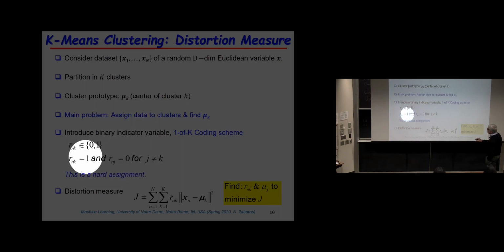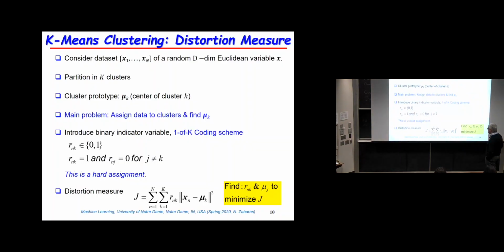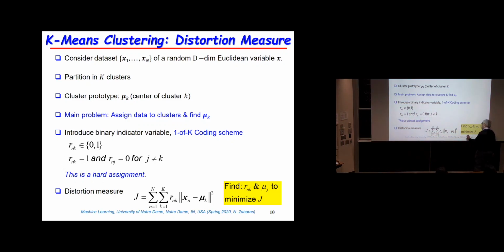If we assign it to cluster k it is 1, otherwise it's 0. So can you start to see why, if you minimize this, it actually does the job? Looking at this, what would be the optimal selection for r_nk? It's either 1 or 0.